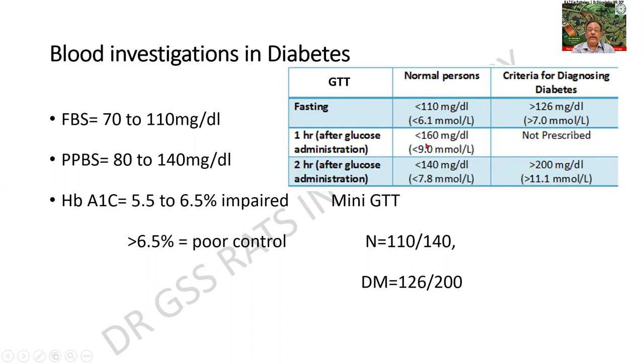After 1 hour, you find it is less than 160, and less than 140 after 2 hours, whereas in a diabetic patient, even after 2 hours, it is more than 200 and does not come down to the baseline. Now this is a 5-hour test and this has been replaced by a mini GTT.